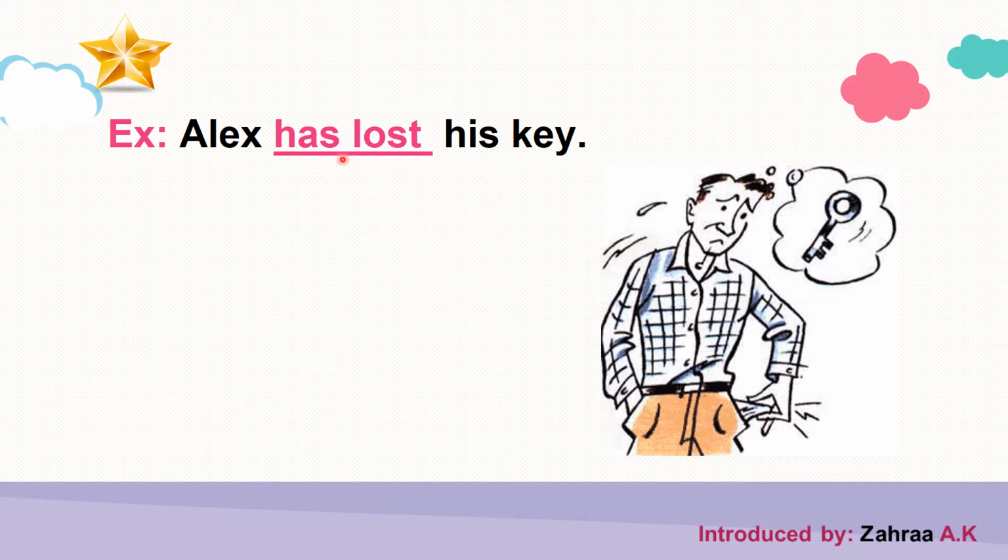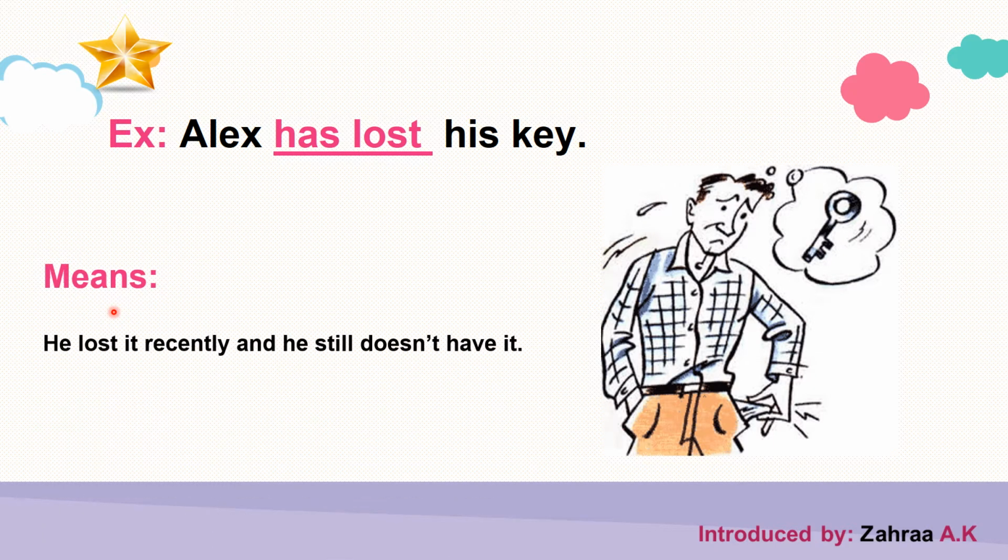Alex has lost his key. Alex فقد مفتاحه. That means he lost it recently and he still doesn't have it. يعني هو فقد مفتاحه مسبقا in the past and he still doesn't have it، ولحد الآن ولا زال يبحث عنه أو لم يملكه. إذن this tense is for an action that started in the past and has a result now.